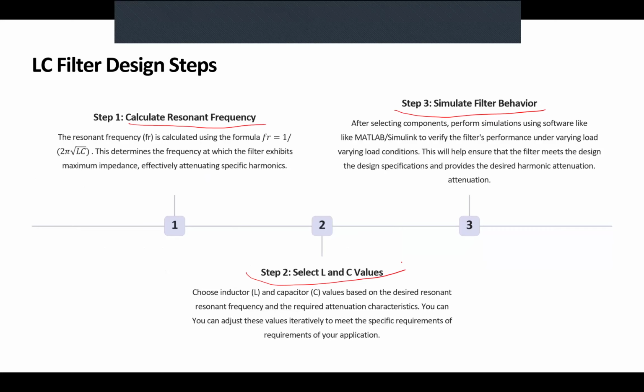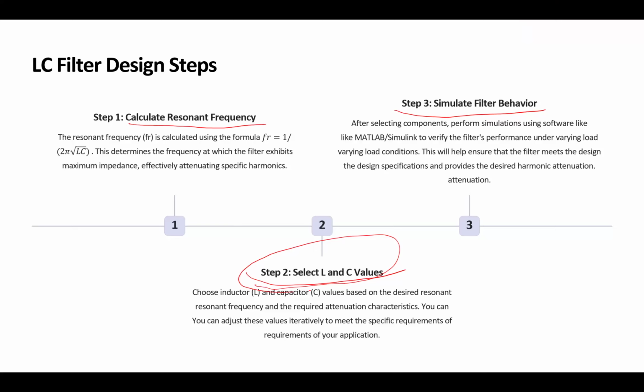Now, why is the last step selecting the L and C values? Because so far you're working in theory, but it doesn't happen that whatever L or C you come up with from your theoretical design would be available in the market. So you have to calibrate your design based on the market.